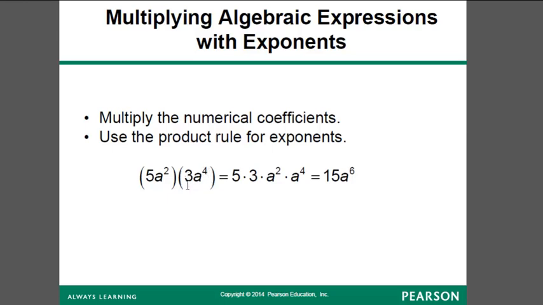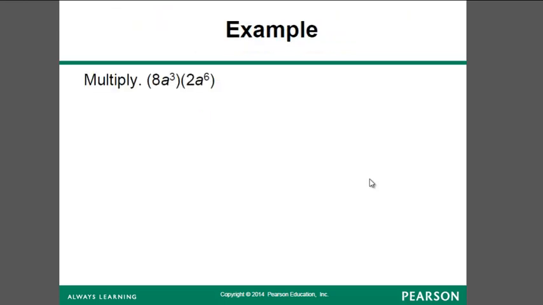And what we do is we multiply its coefficients, or the numbers out front, 5 times 3, which gives me 15, and then we add the exponents of the a's. A to the 2nd times a to the 4th, 2 plus 4 will give me 6. So let's look at some examples.